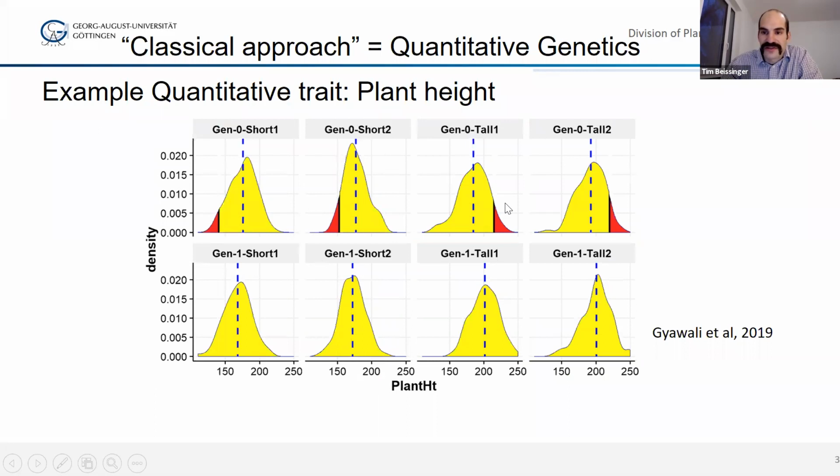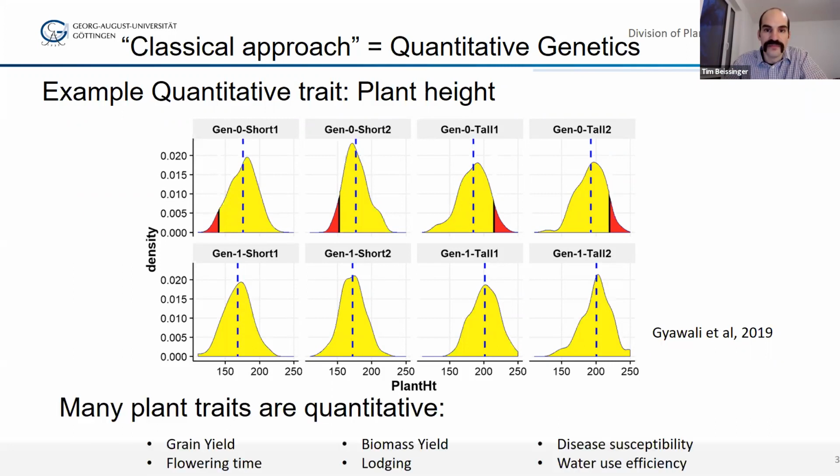I'm just using this figure as an example to show that when you have a quantitative trait, such as the height of a plant, you end up having nice distributions of the phenotype, and you can do things like draw cutoffs and make predictions about future populations based on quantitative characteristics of the current population.